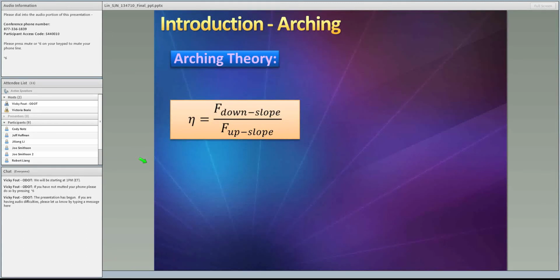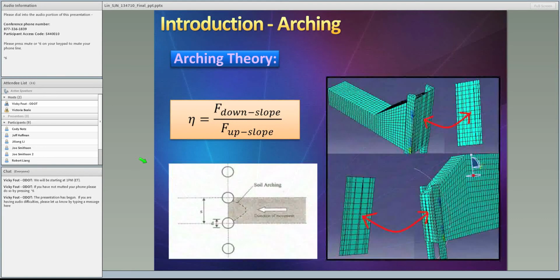So what is the downslope force? Here we can see the 3D finite element model of one drill shaft, where the upslope force is the total area of the stress. And here is the downslope force. Eta is the downslope force over the upslope force, which is a concentrated force ratio.